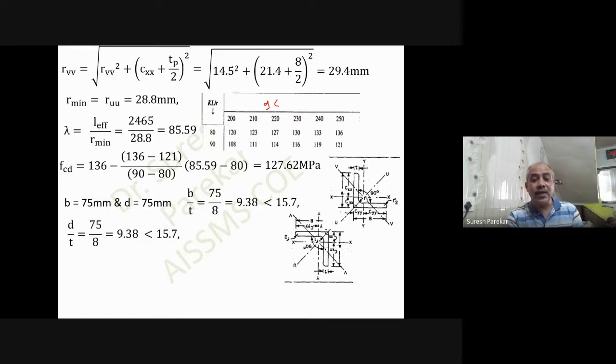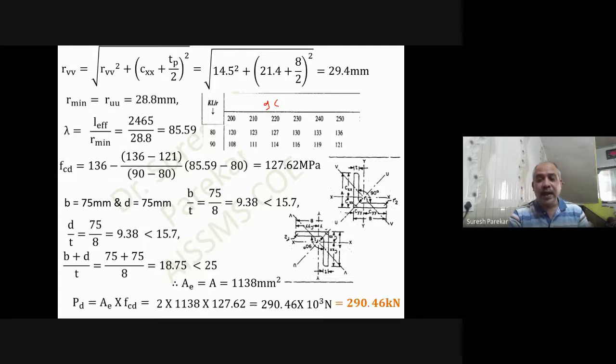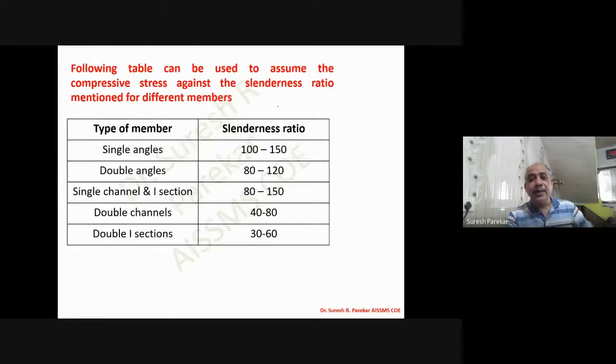And by substituting these values of B, D and T for classification according to width to thickness ratio, this also we are going to get as semi-compact. Then AE equal to A is 1138 mm square, and that gives me the value 290.46 kilonewtons.